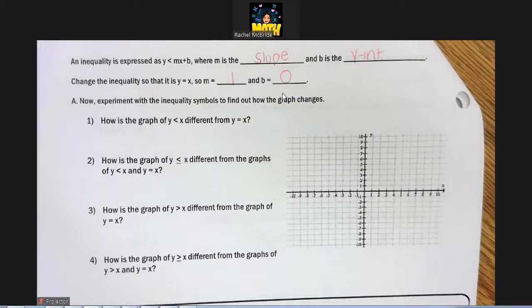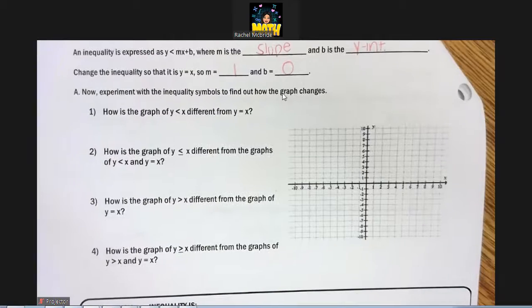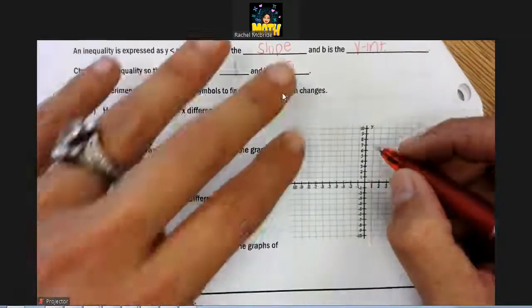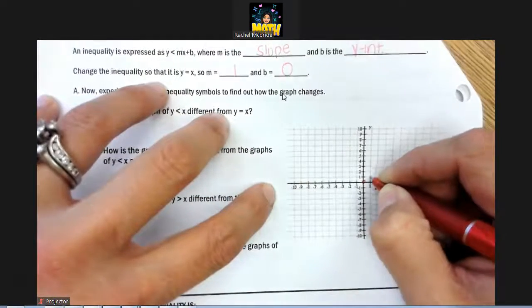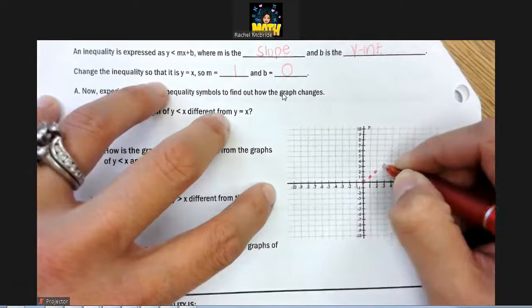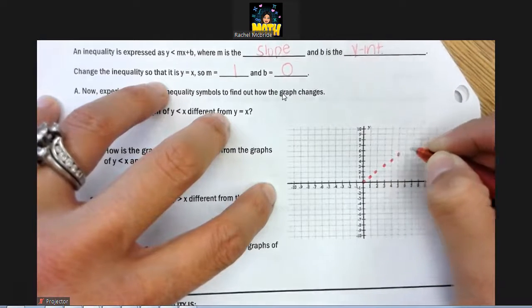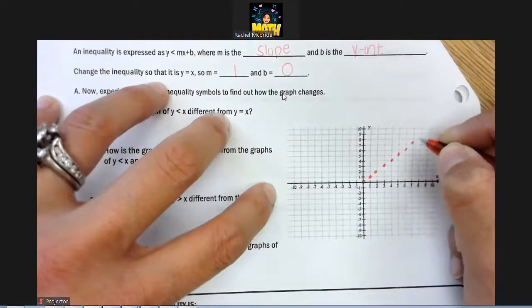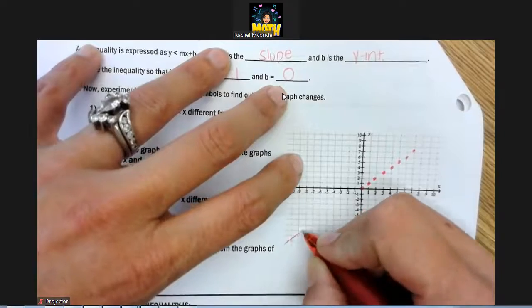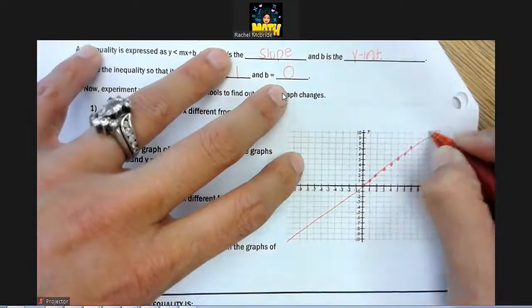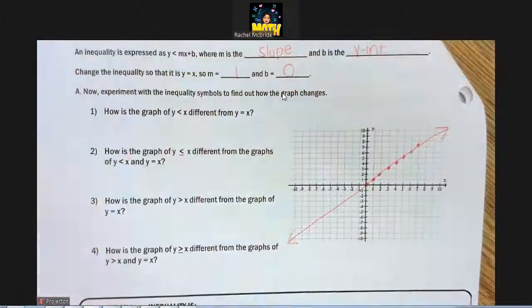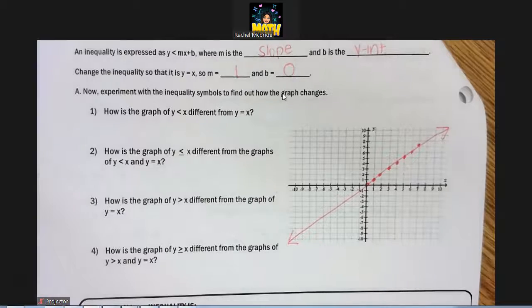So how would the graph of y less than x be different from the graph of y equals x? So y equals x goes through (0, 0), (1, 1), (2, 2), (3, 3), (4, 4), etc., and would be a straight line. So there's the line y equals x.